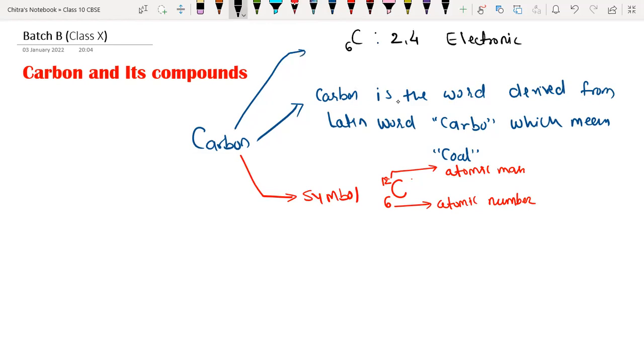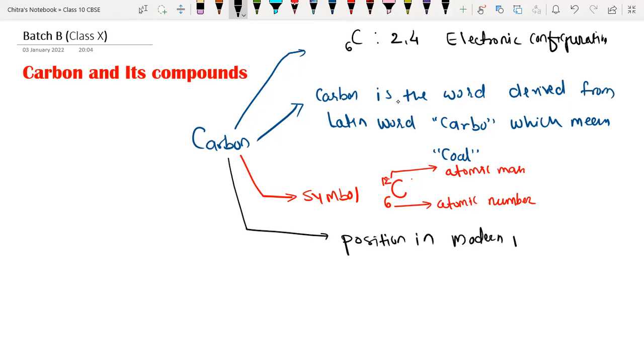Then fourth thing I'm writing here, the position in the modern periodic table.